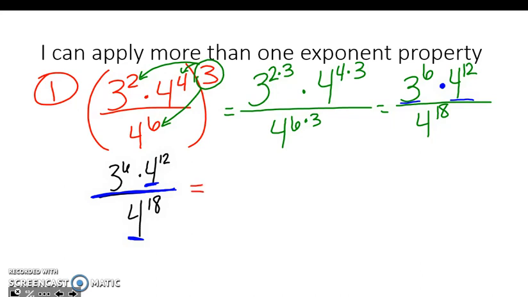Remember, I've always said that if you take the largest minus the smallest, that's easier. You don't have to do that, but it's going to be more work if you don't. So I'm going to cross this off because now it's down here at the bottom. So I got 3 to the 6th on the top, and then 18 minus 12 is 6.